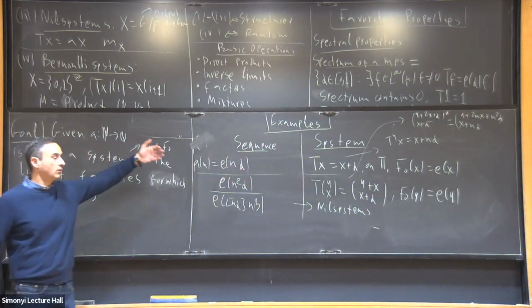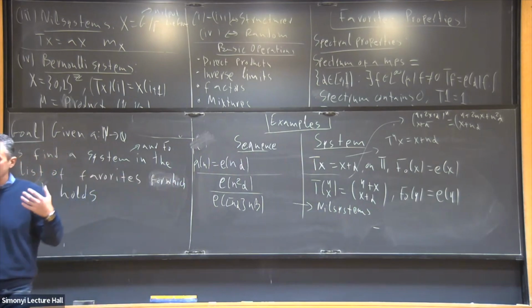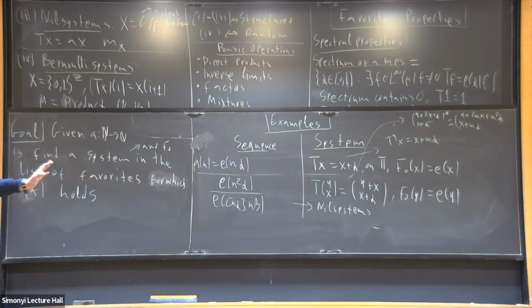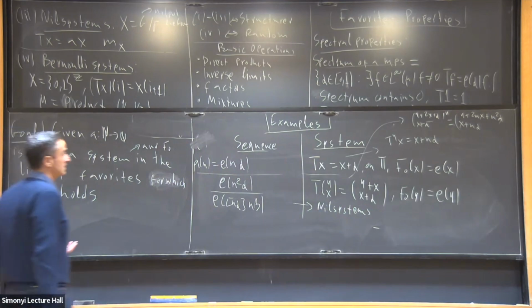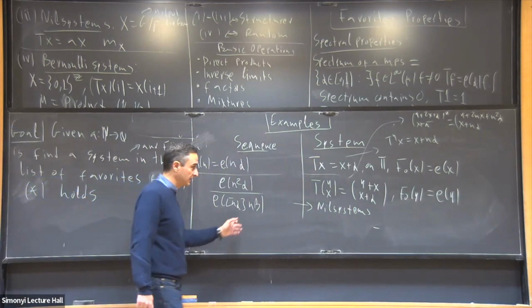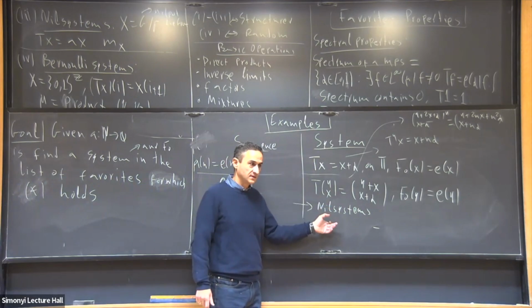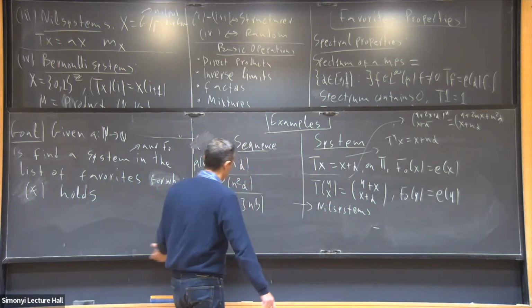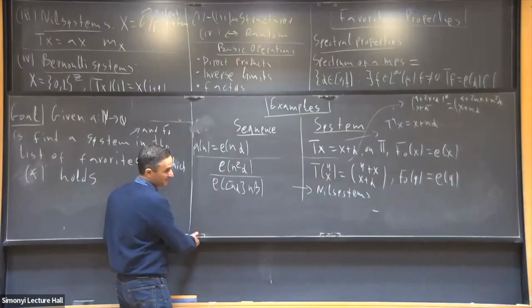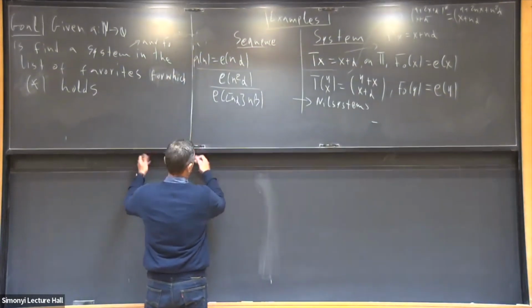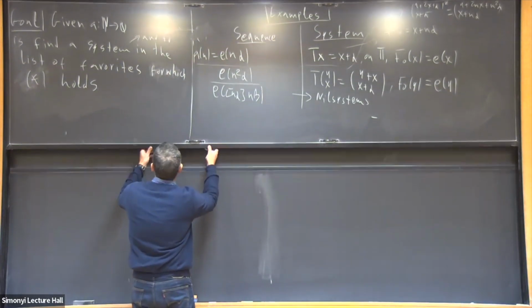The point is that all these sequences arise dynamically. That's why it's easy to figure out what should go on the right. The point now is that if I give you a sequence that doesn't arise dynamically, how are you going to figure out the system? So next one. You may try. Another one.